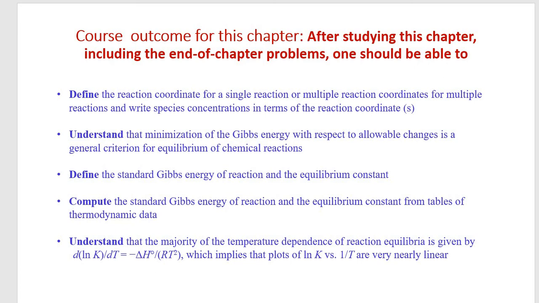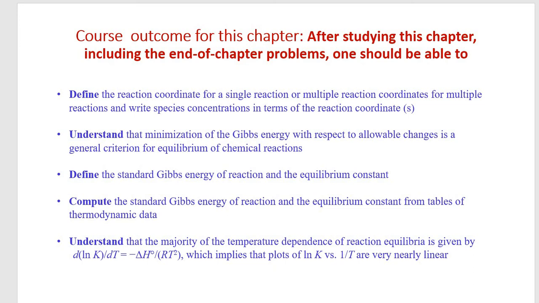Understand that the majority of the temperature dependence of reaction equilibrium is given by d ln K by dT is equal to minus delta H naught by RT square, which implies that a plot of ln K versus 1 by T is very nearly linear.